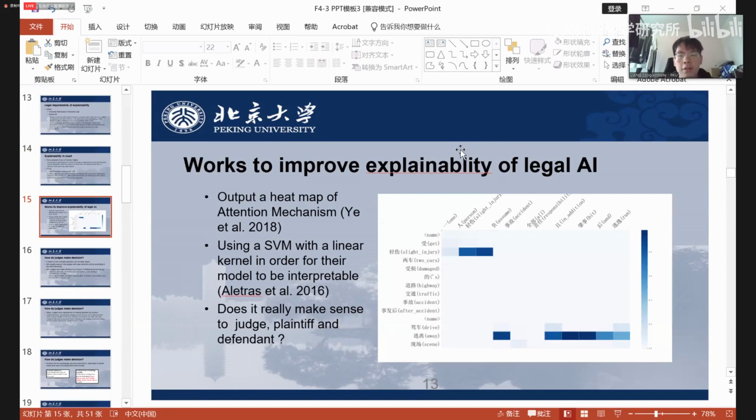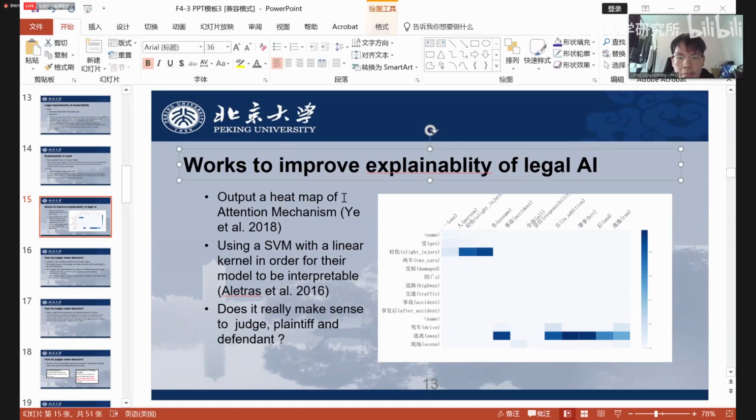So the legal AI community has realized the problem of explainability. There are many works trying to improve the explainability of their AI, such as, we can look on the right side, a heat map of the attention mechanism. So there are many words, and there are many different colors.